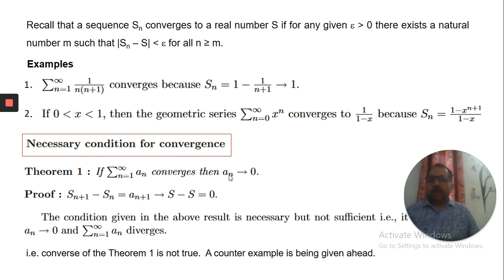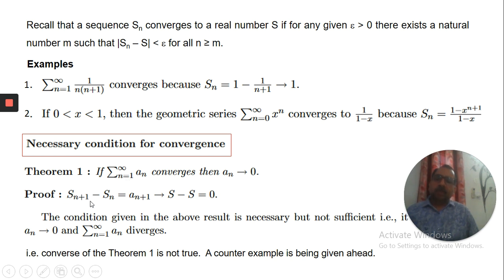The proof is very easy. Take the n plus 1th partial sum and subtract S_n, the sum of n terms, and we get just the n plus 1th term. Now if you take limit on both sides, the limit of S_{n+1} is S, say, because the series is convergent, and we know a series convergent means the sequence of partial sums is convergent.